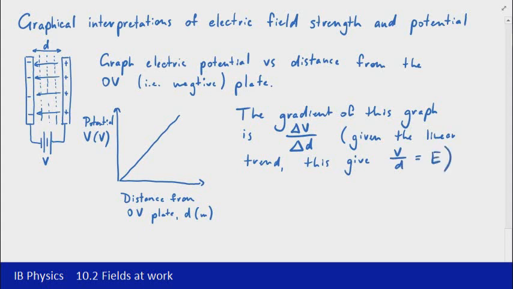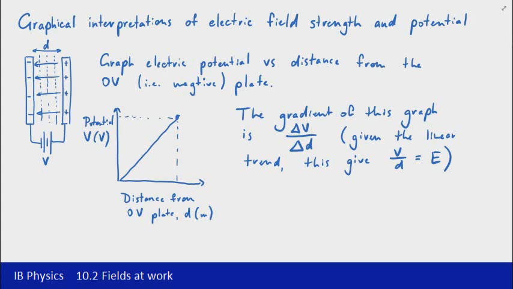So if you imagine the value at the top here is the potential between the plates, and the value down here is the distance between the plates, then V on D would be equal to E. So just a little side note to keep in mind there.